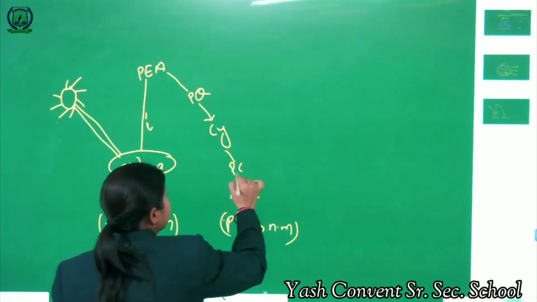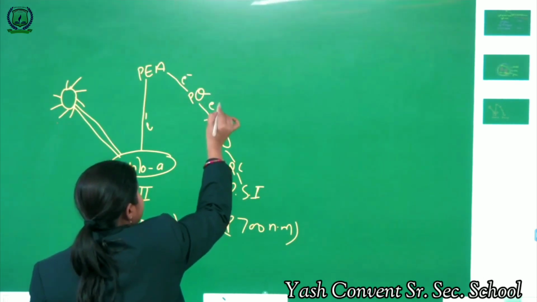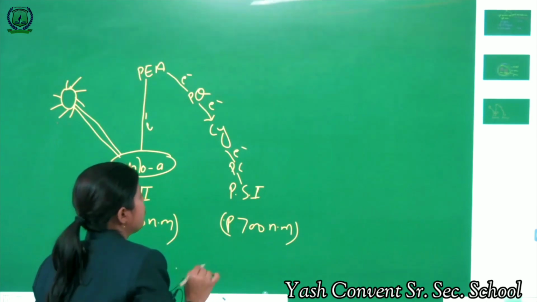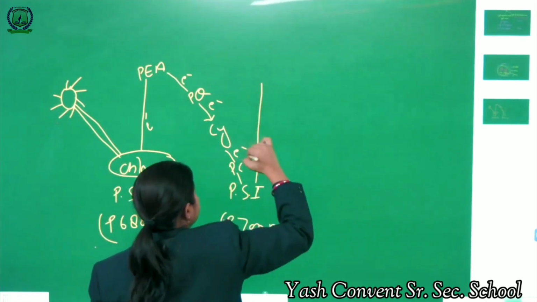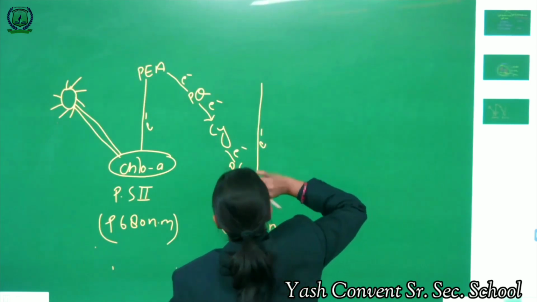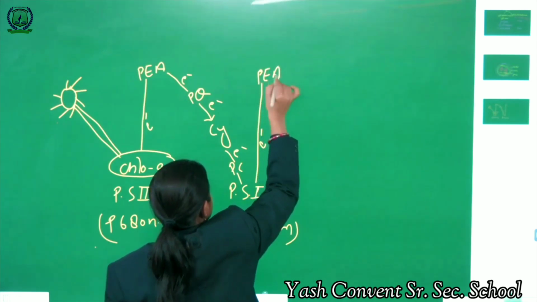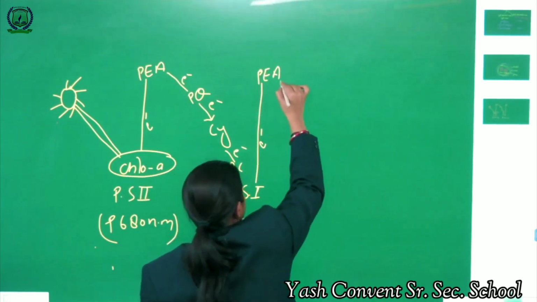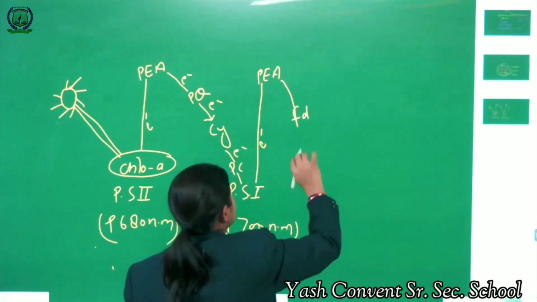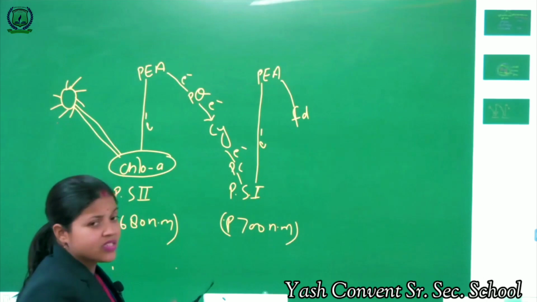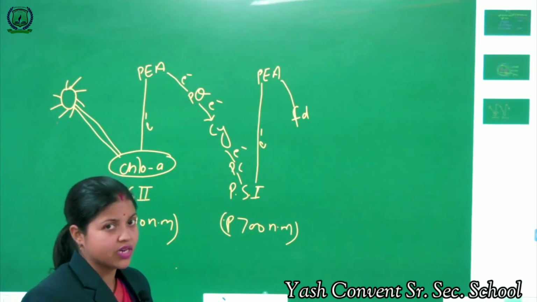The electron is transferred from one step to the next. Then photosystem second releases the electron again, the primary electron acceptor receives it, and then FD, ferredoxin, receives it, and this is completed on the outer membrane of the thylakoid.